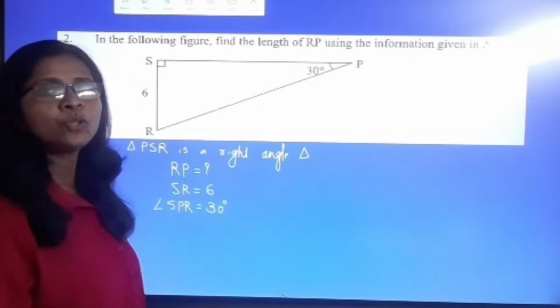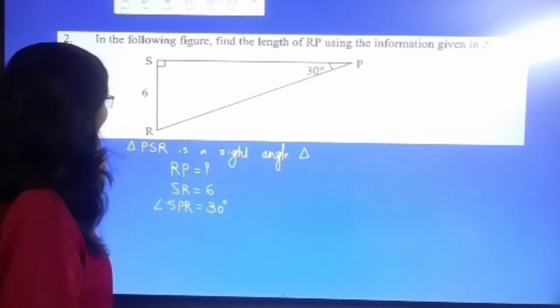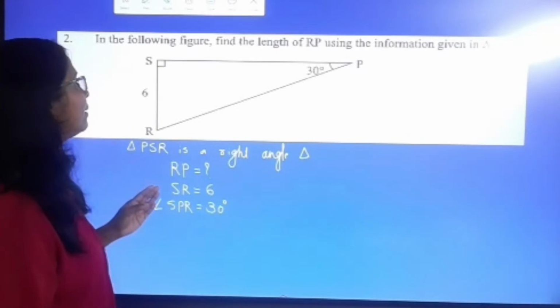Okay students, now we know that triangle PSR is a right angle triangle.